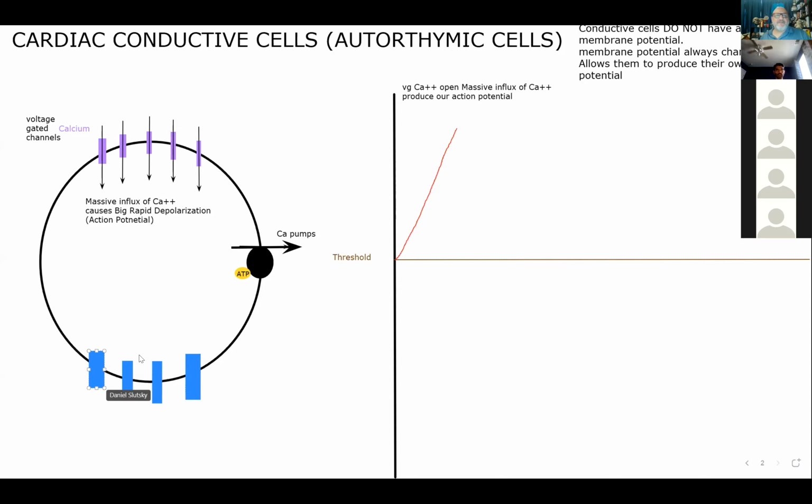The other type of special channel that this autorhythmic cell has on it is a calcium gated potassium channel. Let's unpack that.